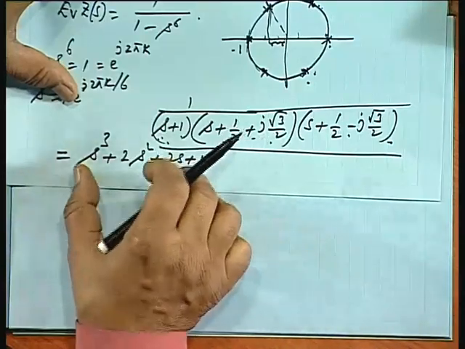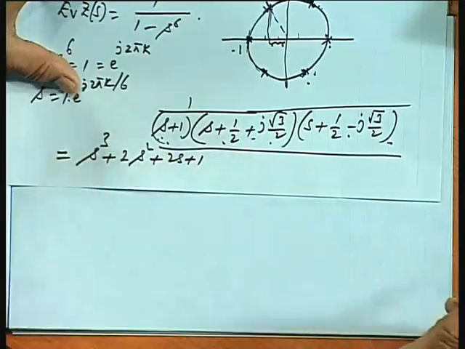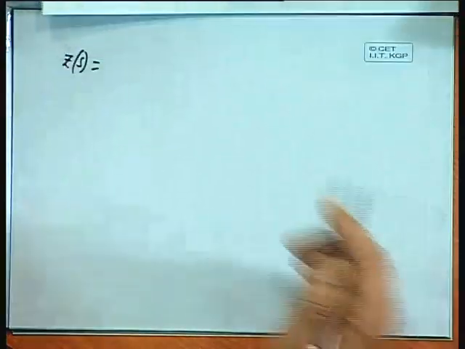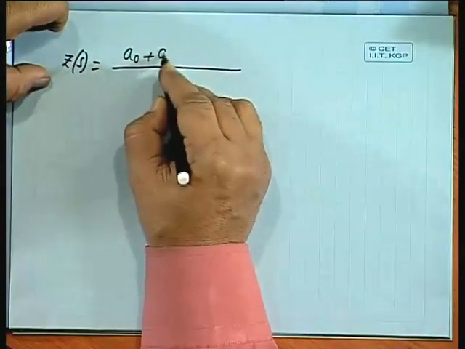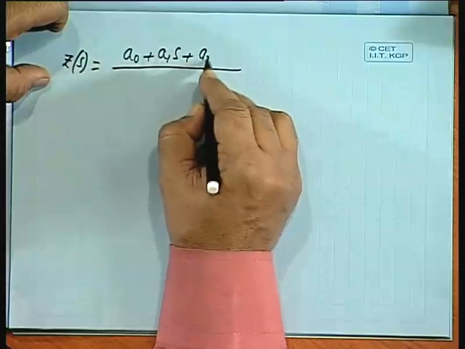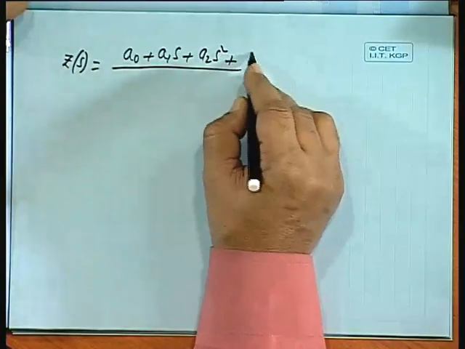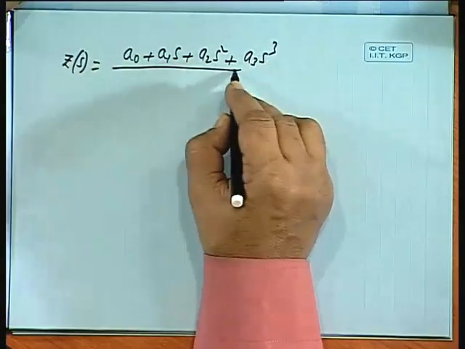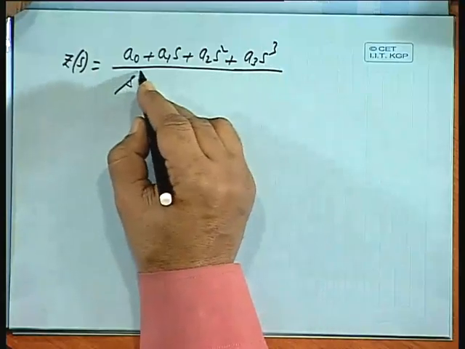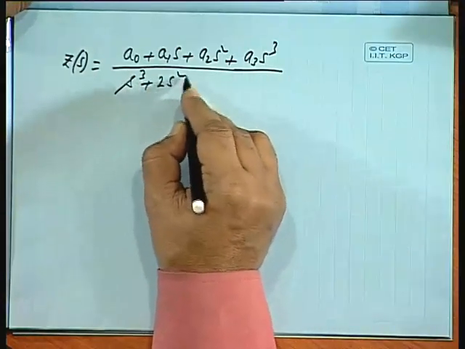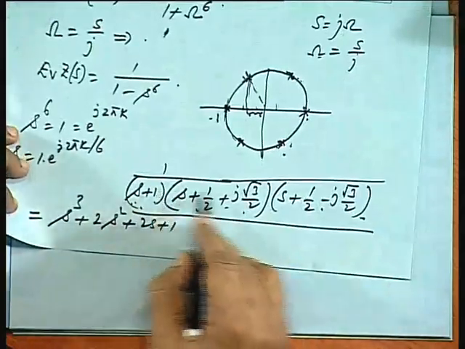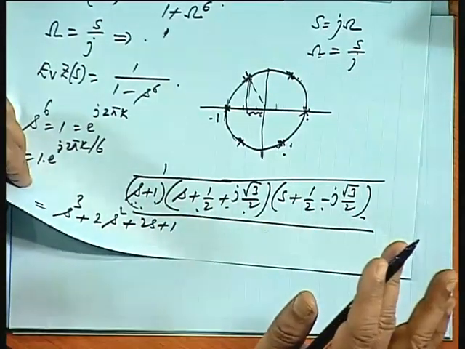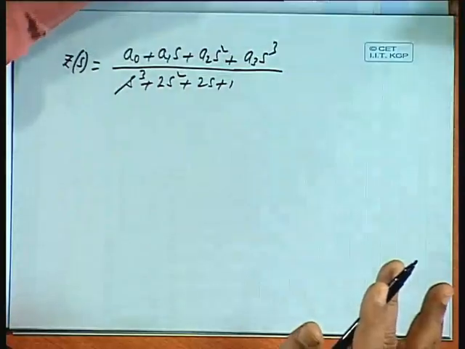So, this is the denominator polynomial. Okay. So, our Z(s) is a0 plus a1 s plus a2 s square plus a3 s cubed divided by s cubed plus twice s squared plus twice s plus 1, because we have been able to identify the denominator M2 plus N2 from the given function.